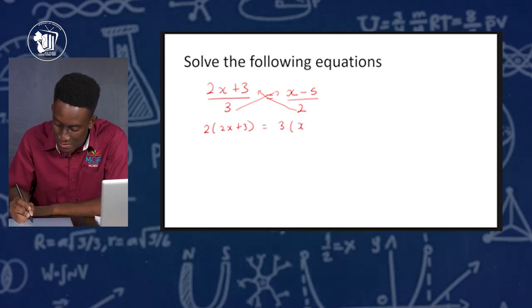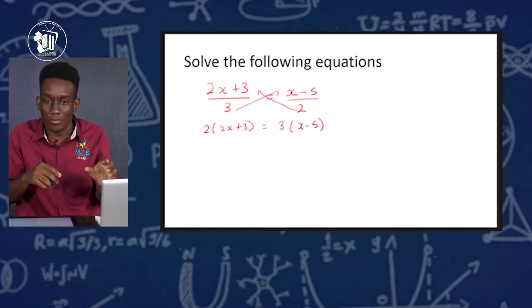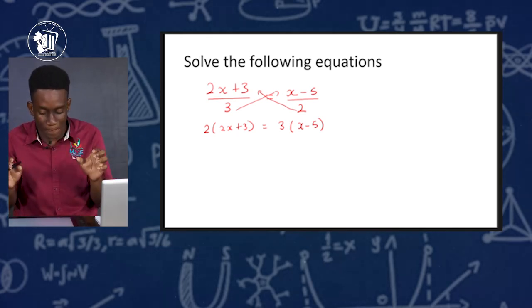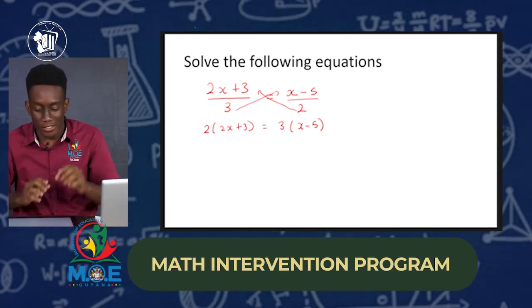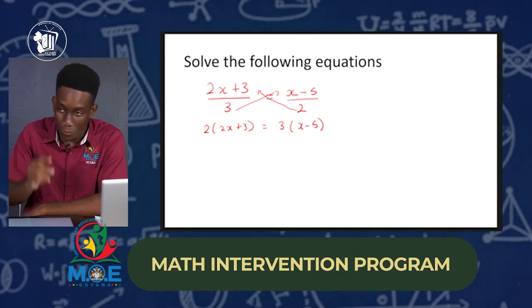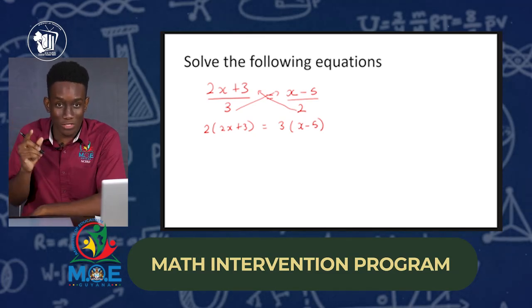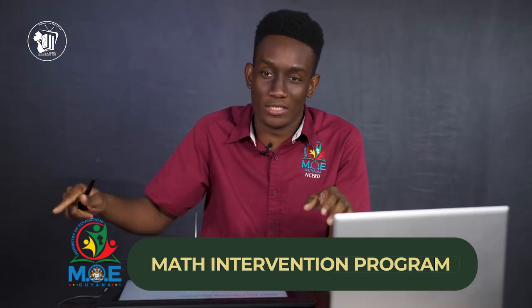We must put the 2 outside the bracket, and it must multiply everything, because the 2 is multiplying everything and the 3 is multiplying everything. So let's do some multiplication. We have to use the law called the distributive law. If you want to get rid of the brackets, that term has to multiply all the terms in the bracket.